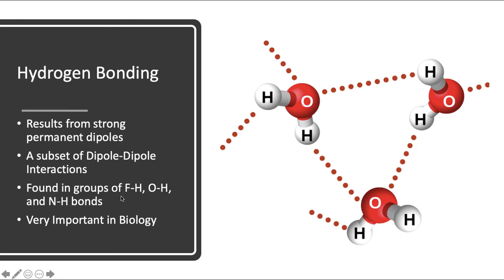It's found in interactions that contain fluorine directly bonded to a hydrogen, oxygen directly bonded to a hydrogen, and a nitrogen directly bonded to a hydrogen. So in molecules that have FH, OH, or NH bonds and nowhere else. So this is where hydrogen bonding is.